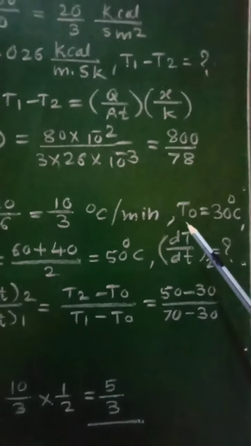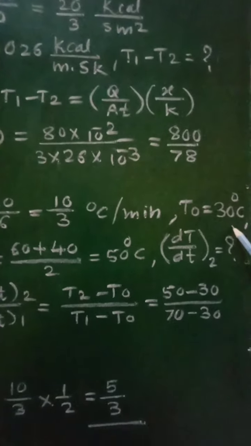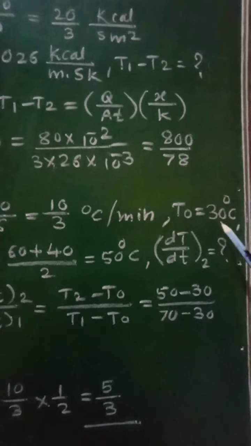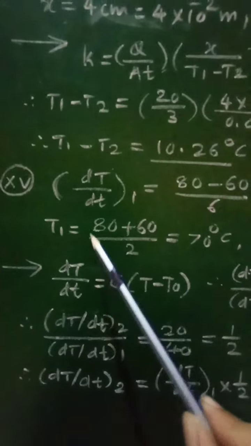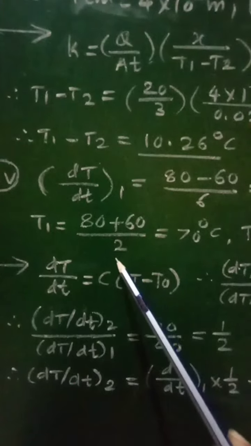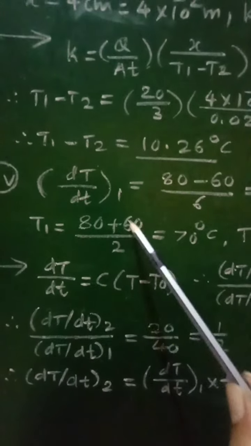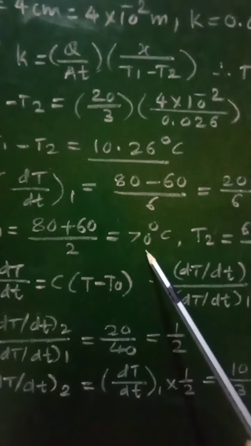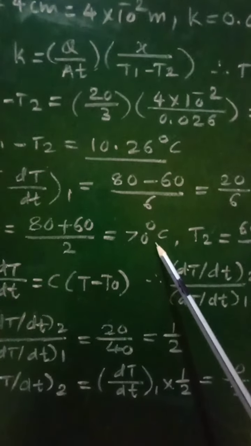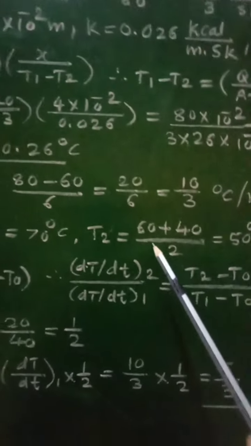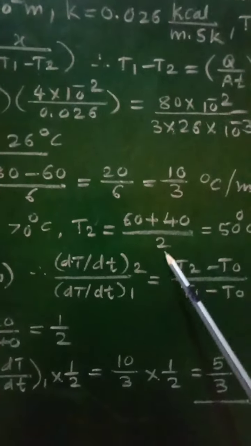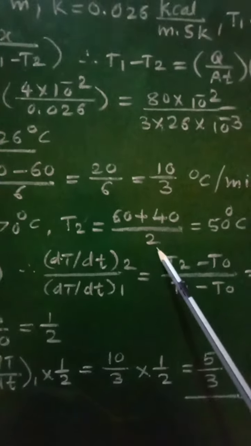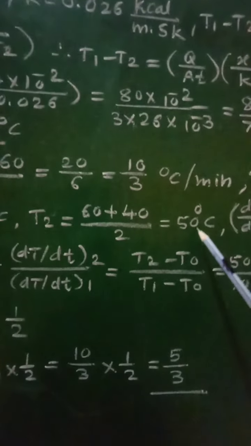Then room temperature T0 equal to 30 degrees Celsius. Then T1 will be equal to 80 plus 60 upon 2, which comes out to be 70 degrees Celsius. Similarly, T2 will be equal to 60 plus 40 upon 2, that is 50 degrees Celsius.